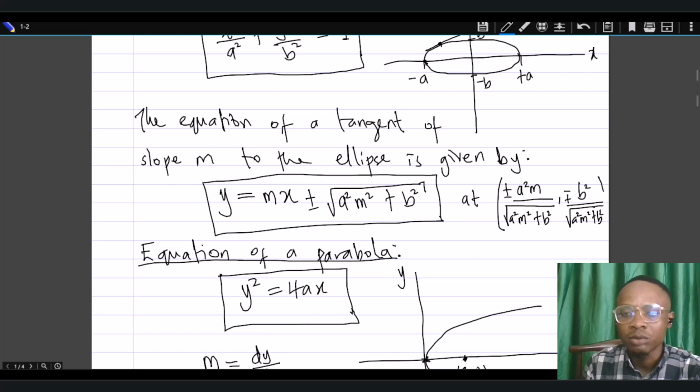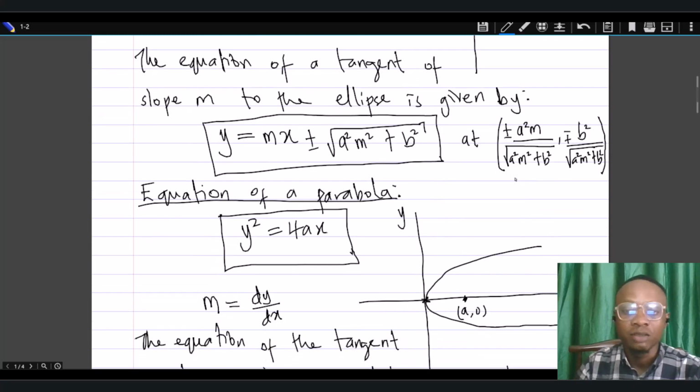This is the point where the tangent of slope m will meet the ellipse. Plus or minus means that if one picks the positive here, the other will be negative, and vice versa. We'll come back to make use of that shortly.